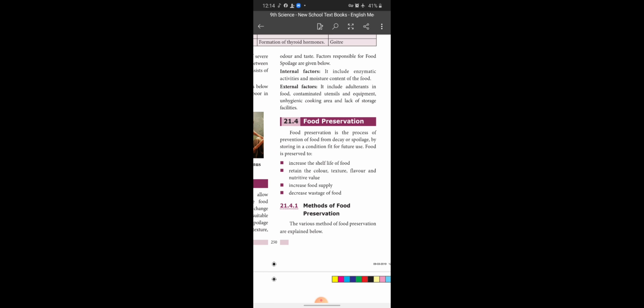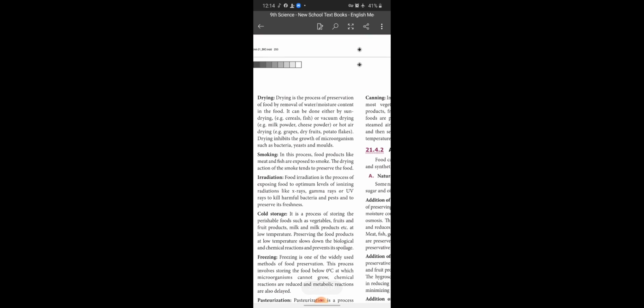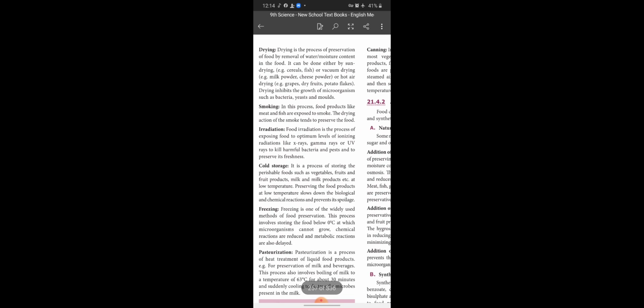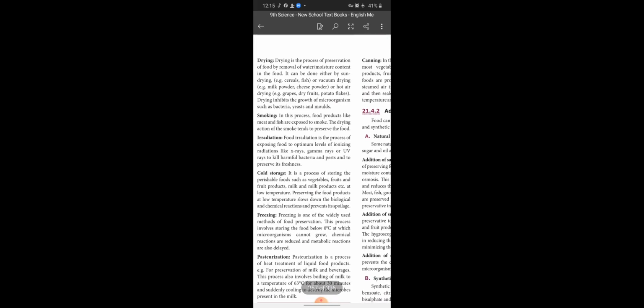Methods of food preservation. The various methods of food preservation are drying, smoking, irradiation, cold storage, freezing, pasteurization and canning. Let's see drying.